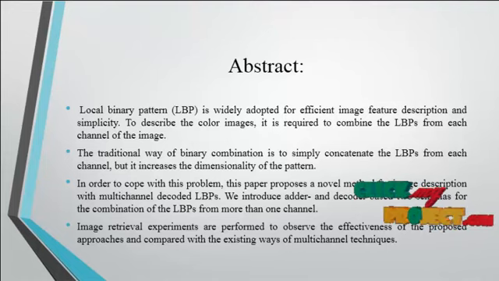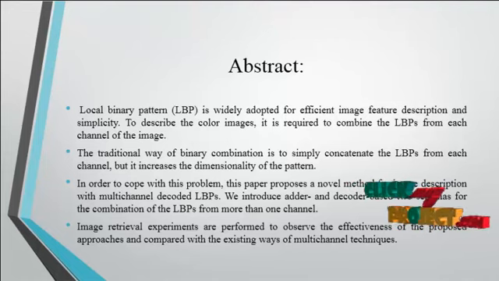After getting the features from the red, green, and blue channels, we have to concatenate them together to form a single feature. In order to cope with this problem, this paper proposes a novel method for image description with multi-channel decoded LBPs.